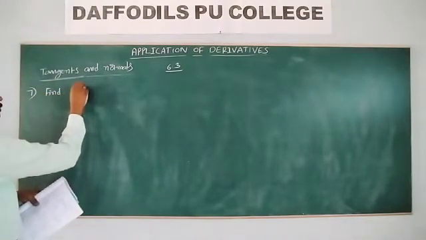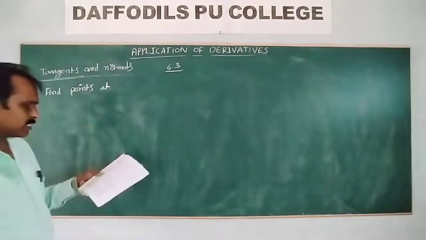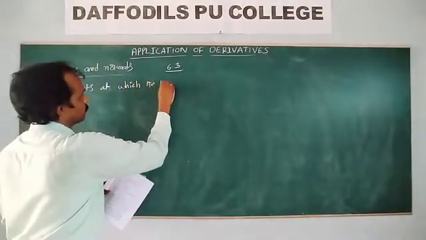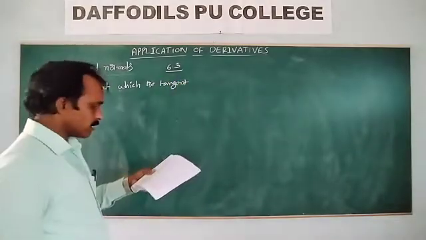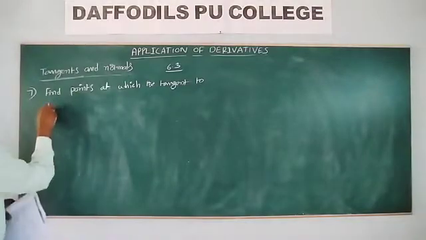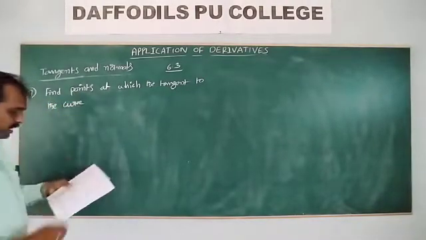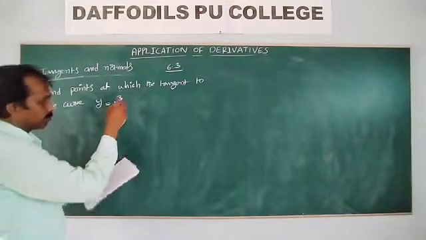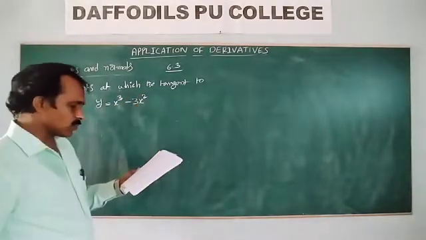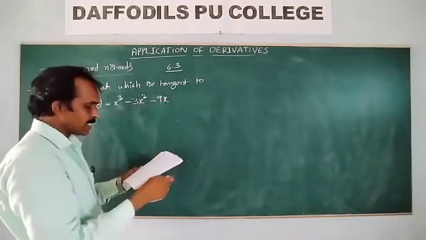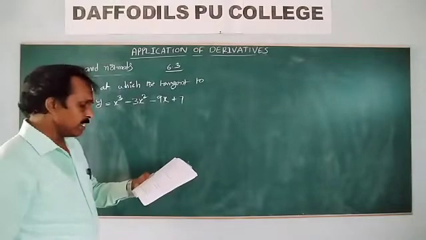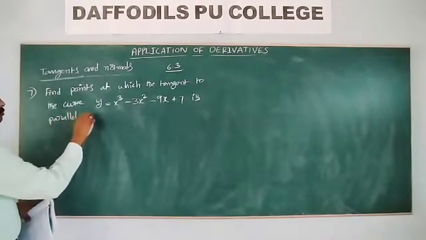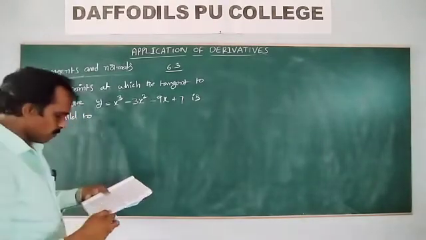Find points at which the tangent to the curve y is equal to x cube minus 3x square minus 9x plus 7 is parallel to the x-axis.